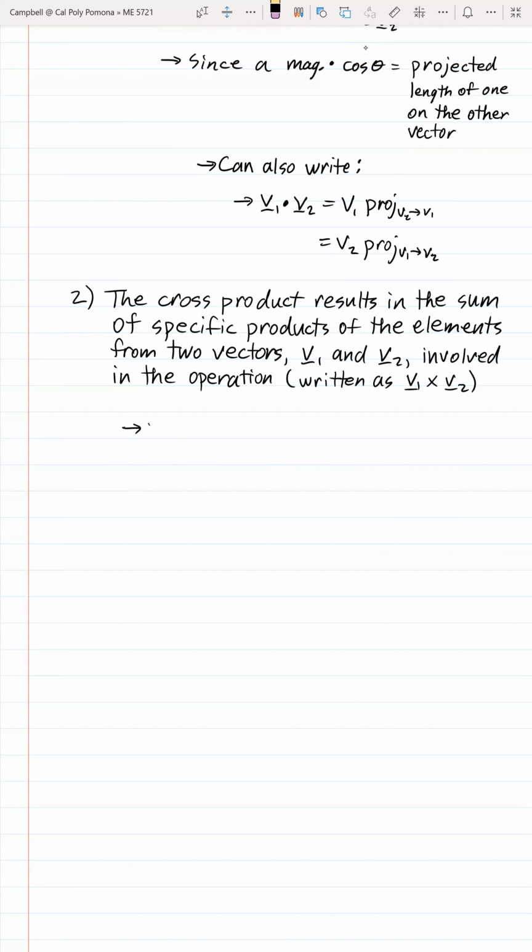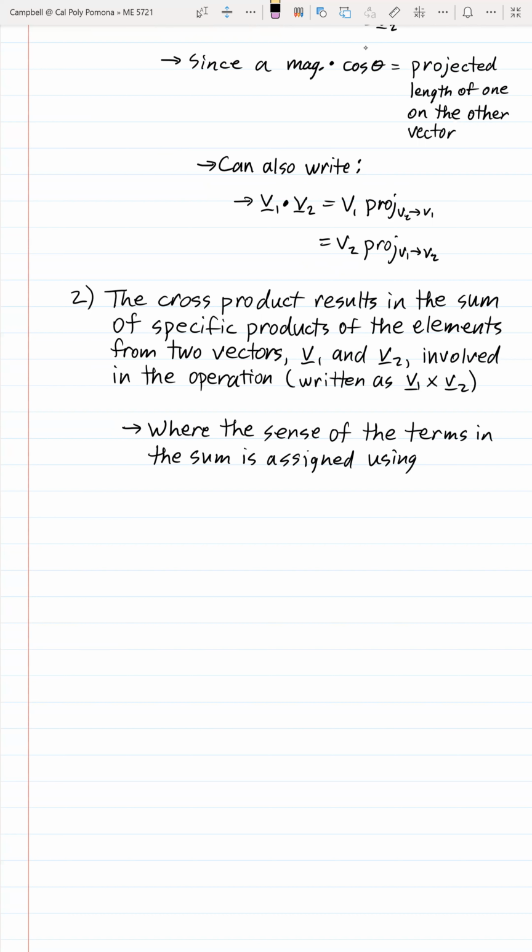Now, I want to make a note, so this is kind of a continuation, where the sense of the terms in the sum is assigned using a certain pattern.